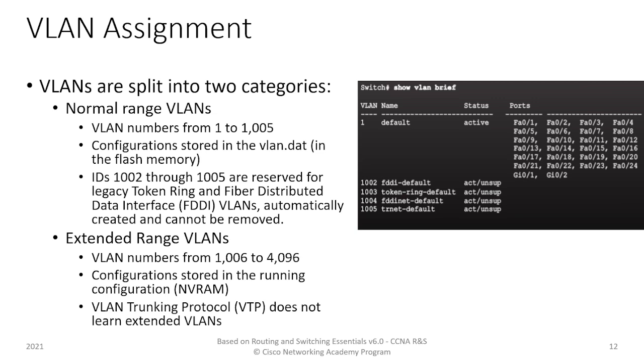For example, the two main categories are the normal range and the extended range. The normal range is from 1 to 1005, and 1006 to 4096 is the extended range. The main difference between these two is that in the normal range, the configurations are stored in the device itself, whereas in the extended range, the configurations are in the temporary running configuration, so they are not stored in permanent flash memory.